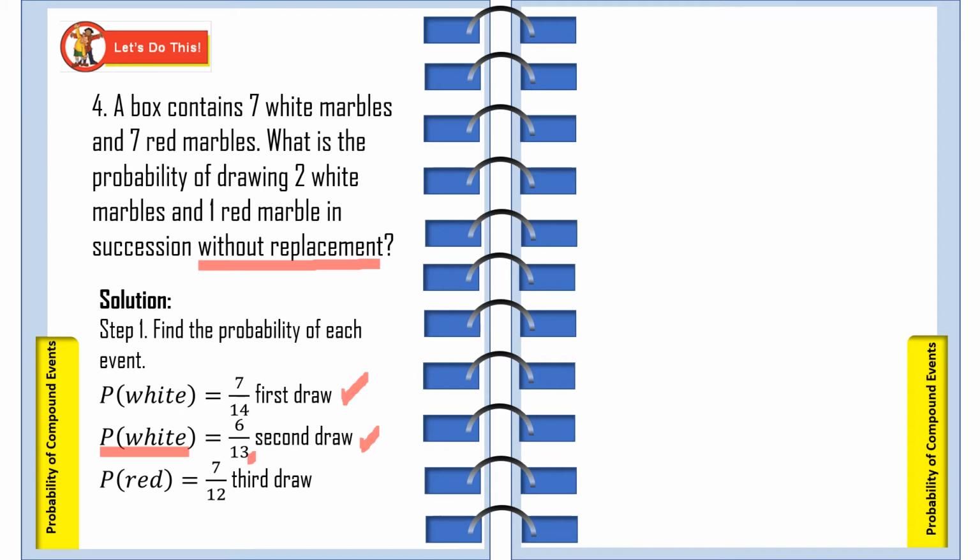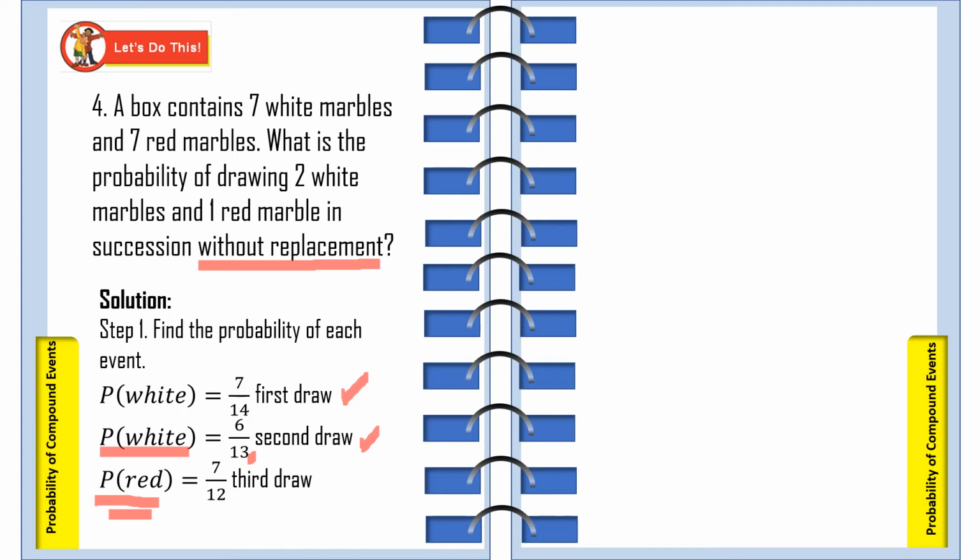Okay, nakuha nyo? Medyo na-visualize nyo na. So, nagkaroon ng effect. So, naapektuhan yung second event doon sa nangyari sa first event. Now, yung third draw natin is red naman. Probability ng red. So, ang red natin is 7. 7 pa rin yung ating red marbles kasi yung dalawang probabilities ay nakafocus sa white.